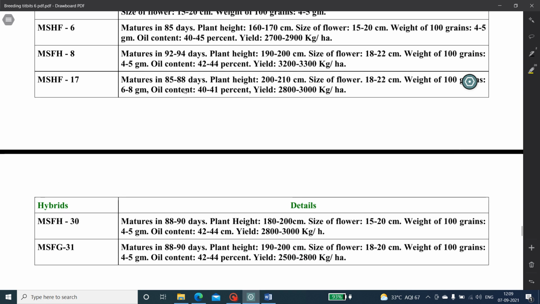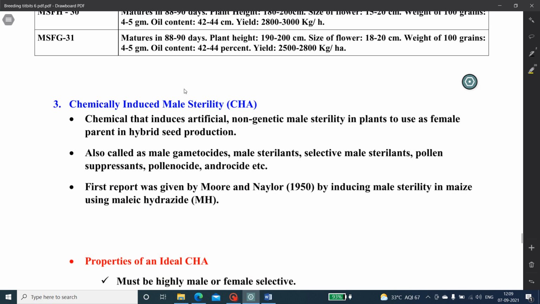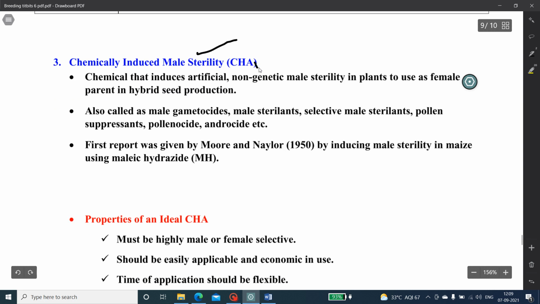I have given them here. And another section is the chemically induced male sterility, that is CHA. Chemicals that will induce artificial, non-genetic male sterility in plants, used as female parent, also called CHA, also called gametocides, male sterilants, selective male sterilants, pollen suppressants, pollenocides and androcides.